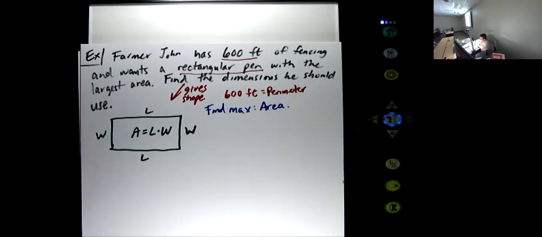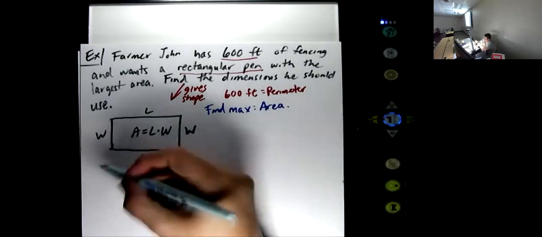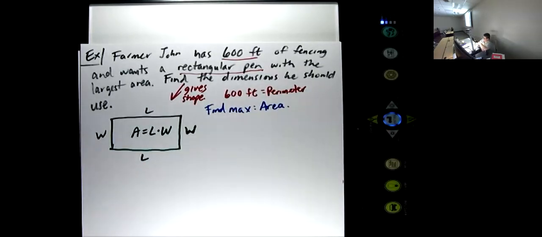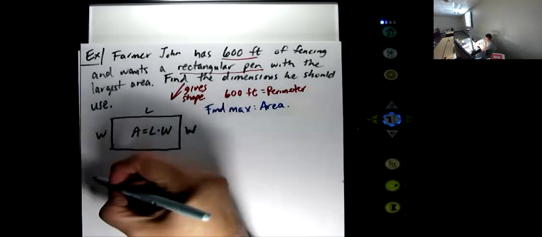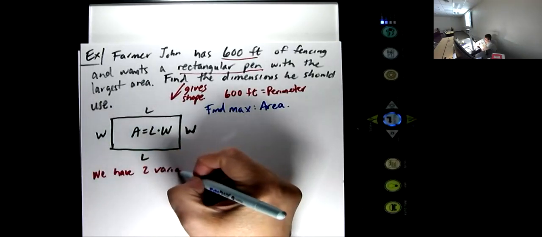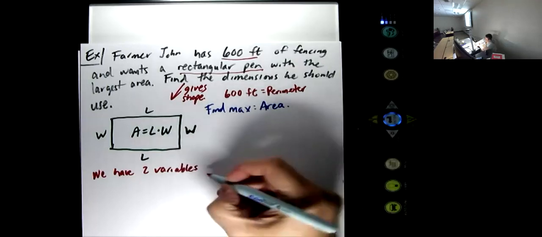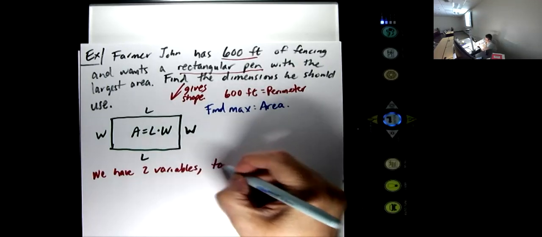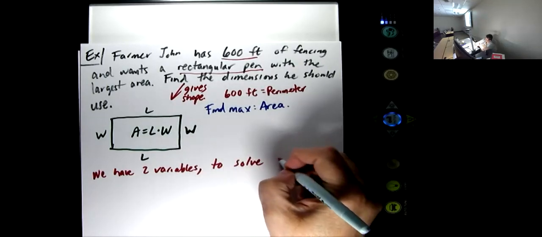This is going to really suck if we try to maximize the area with two variables. We have two variables, so to solve this, we need two equations.